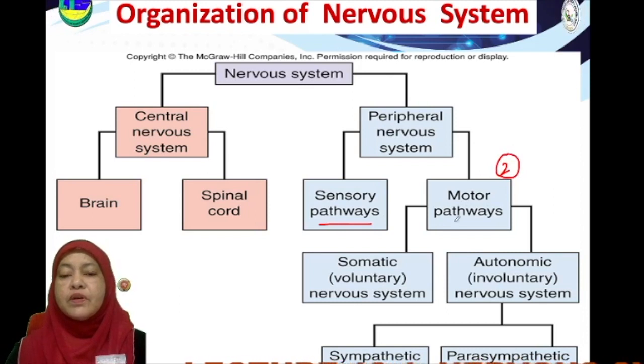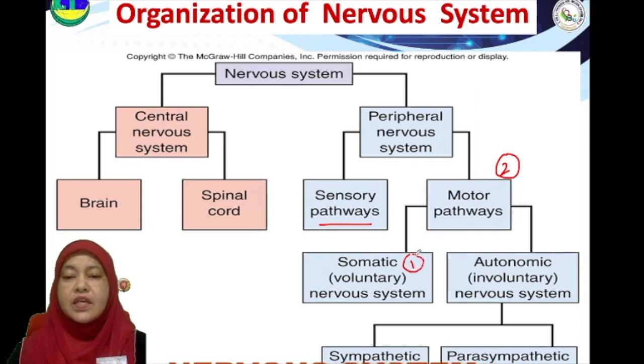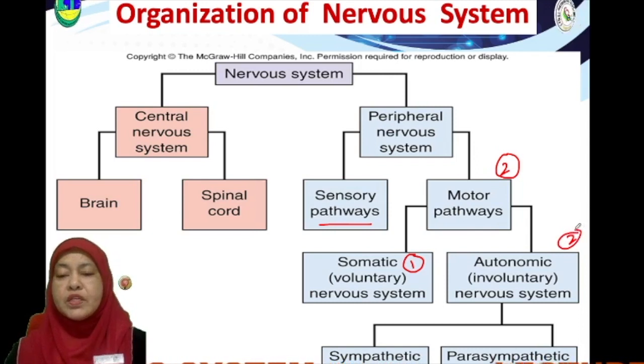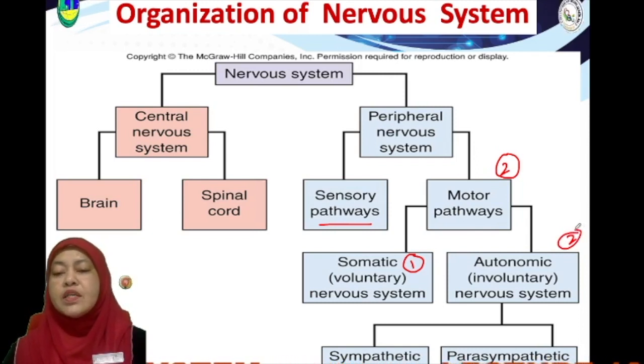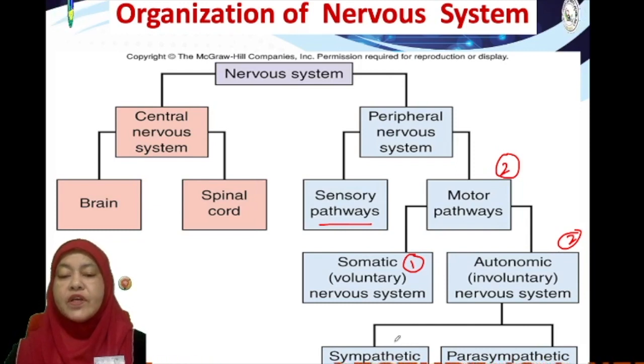Under the motor pathway, you can see it breaks up into two types: the voluntary nervous system, also known as somatic, and the involuntary nervous system, also known as autonomic. Under the autonomic or involuntary nervous system, it can be classified into two divisions: the sympathetic division and the parasympathetic division.